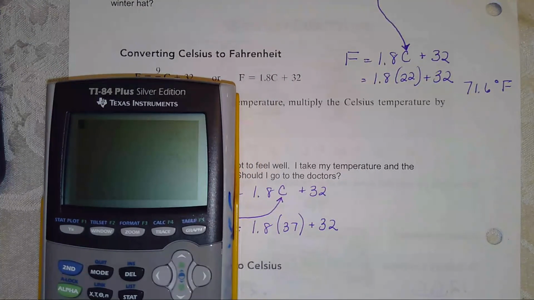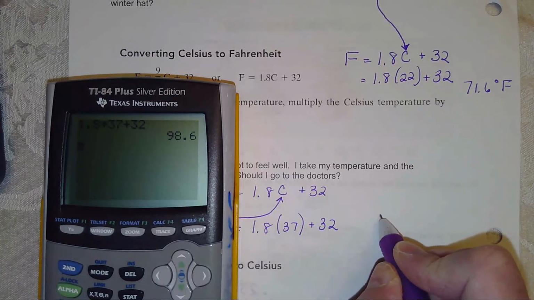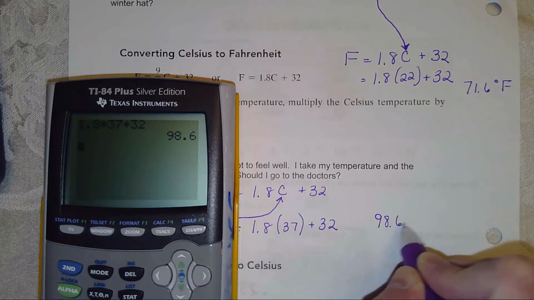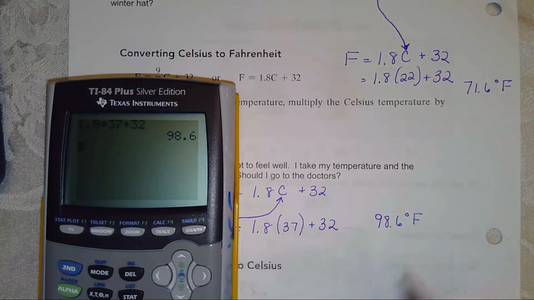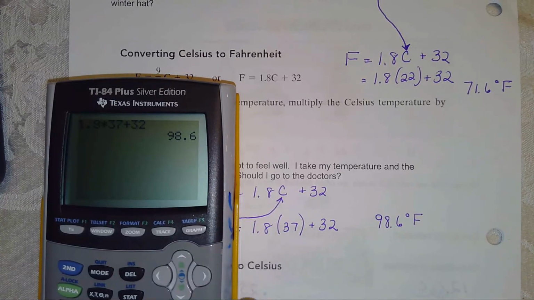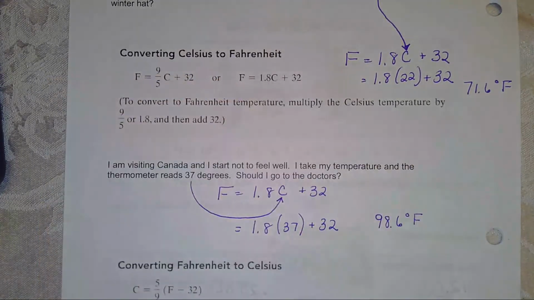Okay, and I'm going to do it on my calculator. So I got 98.6 degrees Fahrenheit. So it looks like I don't need to go to the doctor, right? I don't have a fever.